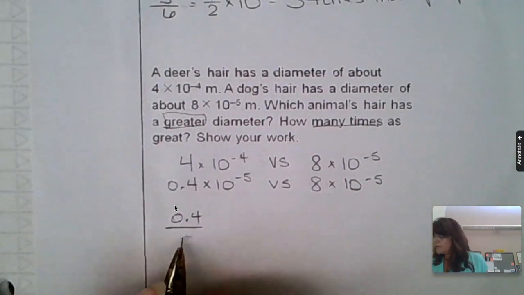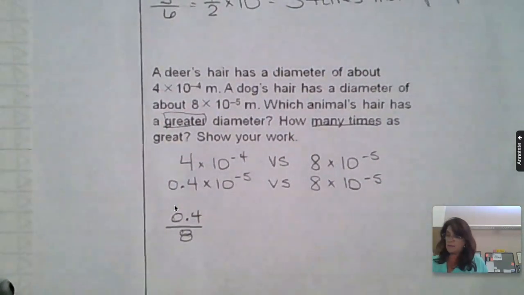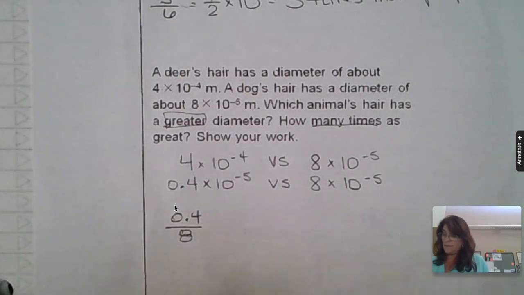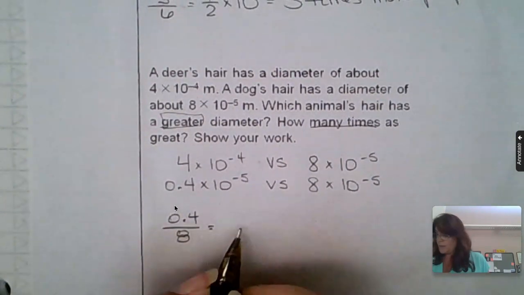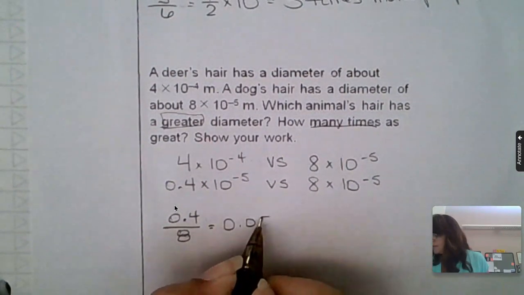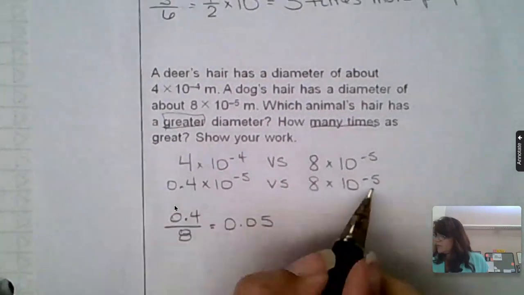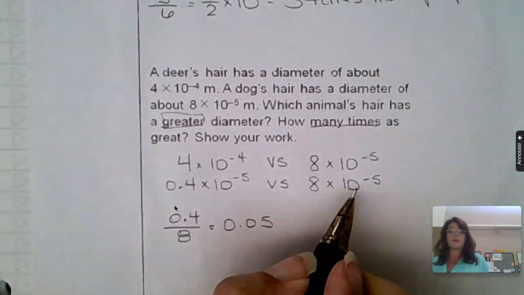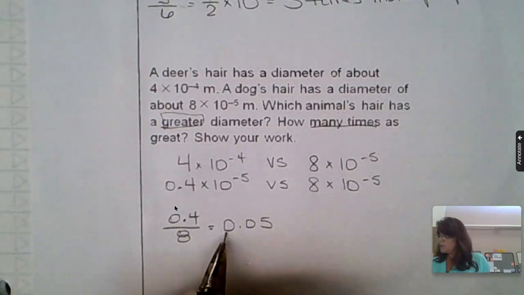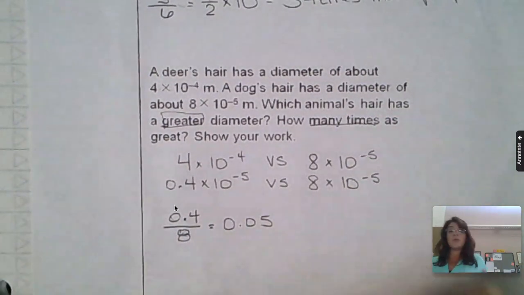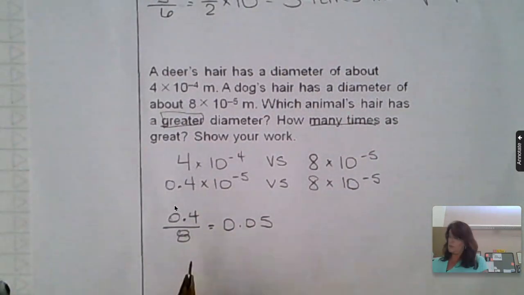0.4 divided by 8, okay, with no difference in here. Okay, now which one is larger?